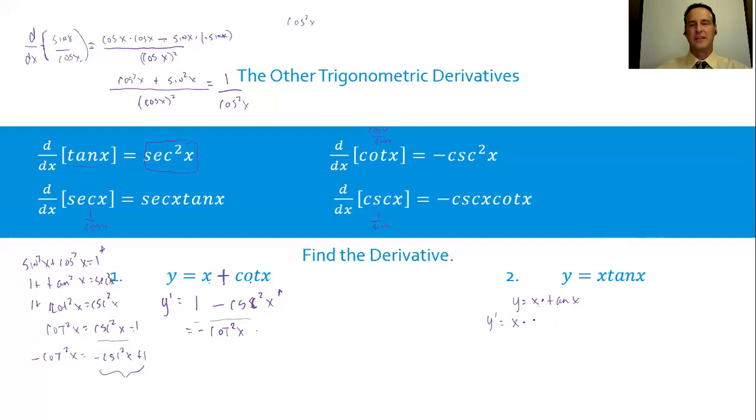Derivative of tangent is secant squared. And the derivative, first times derivative of second plus the second, tangent of x, times the derivative of the first, which is x, is just 1. Okay, and at this point you may stop. This will not simplify further.